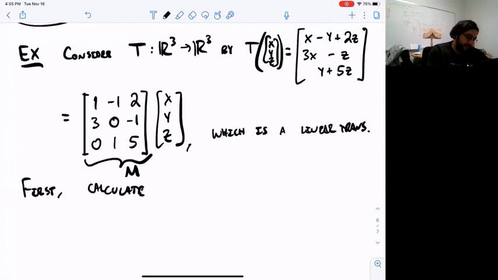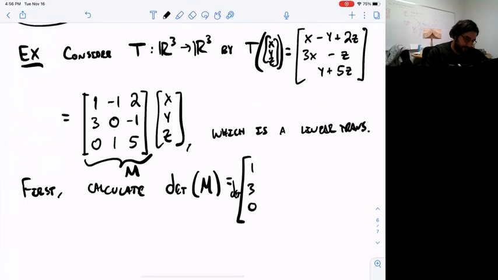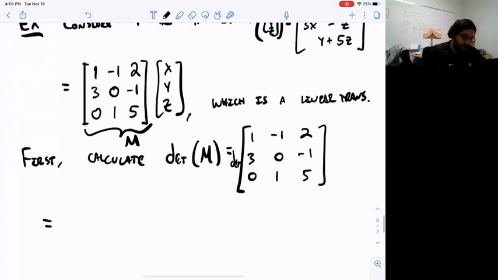So first, let's calculate the determinant of M. To do that determinant, it's a 3 by 3, so we can use our little diagonals trick.